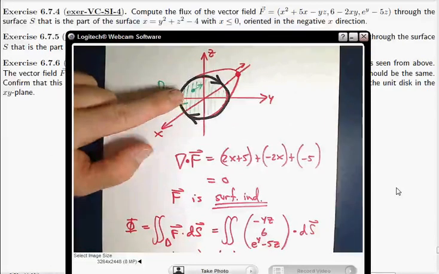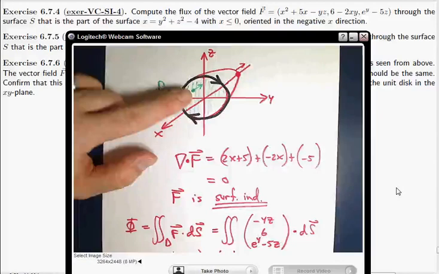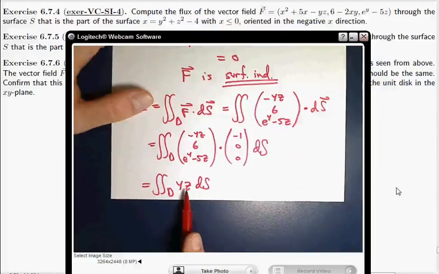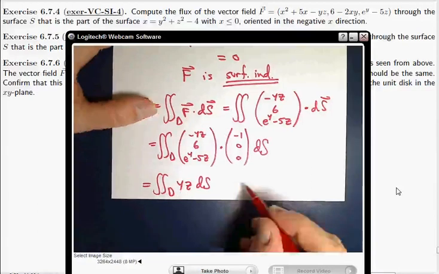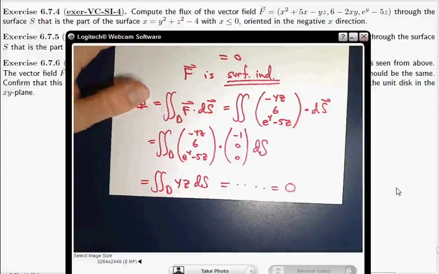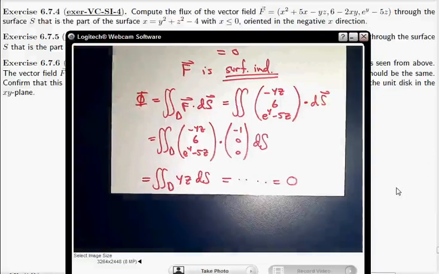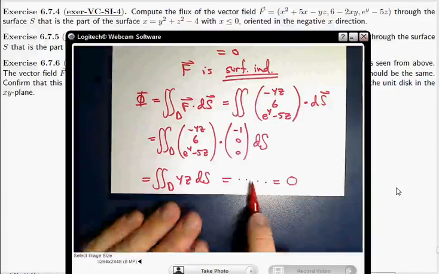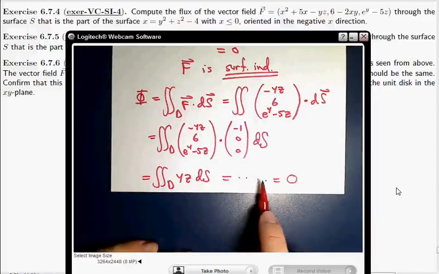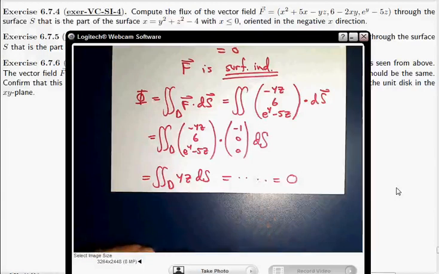For one thing, I note that the disk is symmetric. This has odd symmetry through a couple of different choices of reflections. And so the integral is equal to 0. Or you could parameterize and solve by more direct techniques, but I like the symmetry argument. So I'm going to let you fill in these blanks here. So, why is this equal to 0? Does that make sense? Yeah. Okay. Is everybody good?